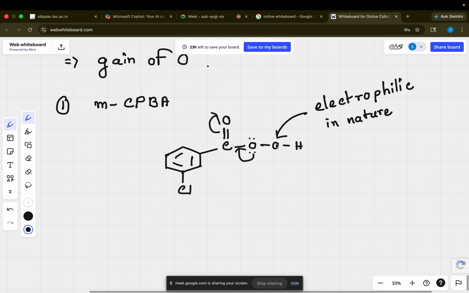This oxygen has a lone pair, but that is not of any use because it is not in conjugation. The other oxygen is in conjugation, so it becomes electron rich, but this oxygen becomes electrophilic, meaning electron deficient. Therefore it attacks on an electron rich center.